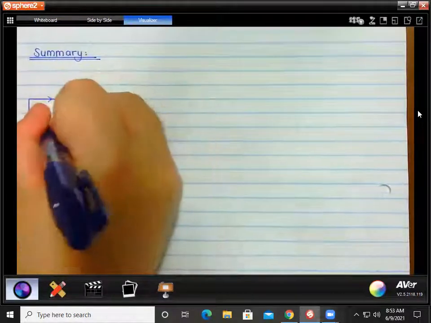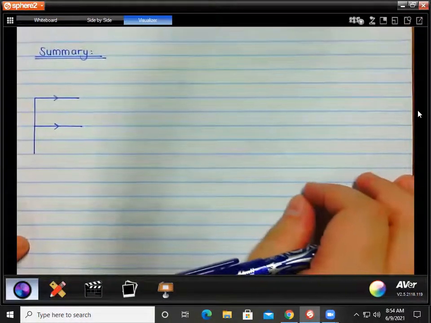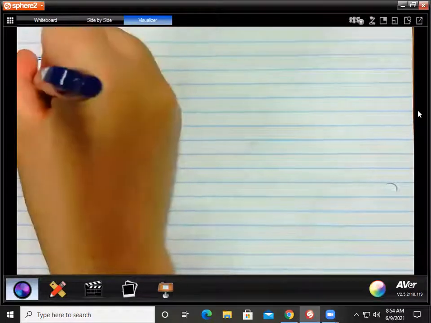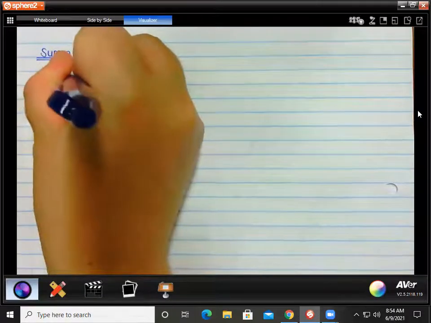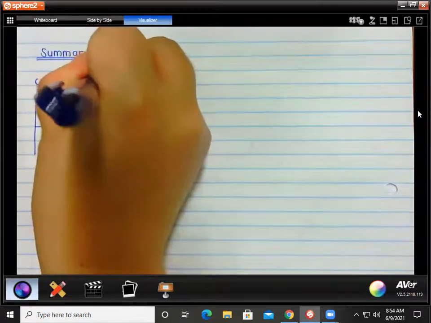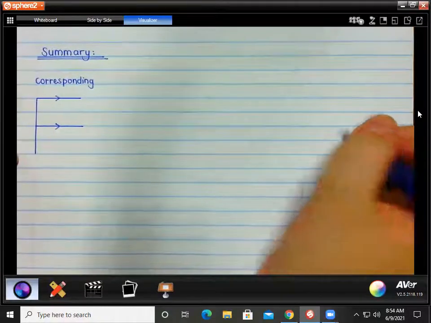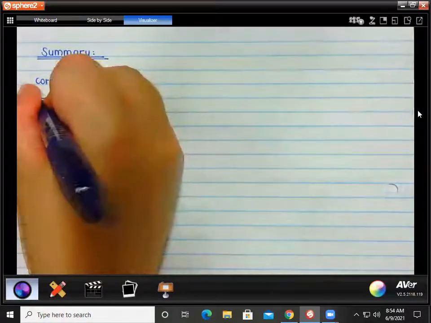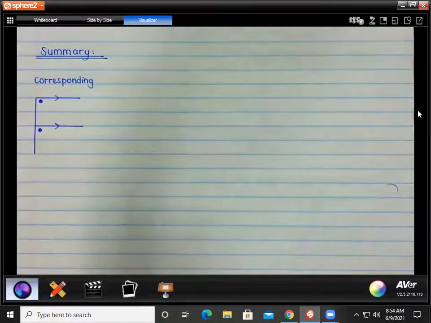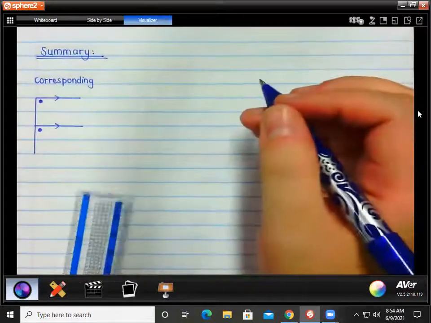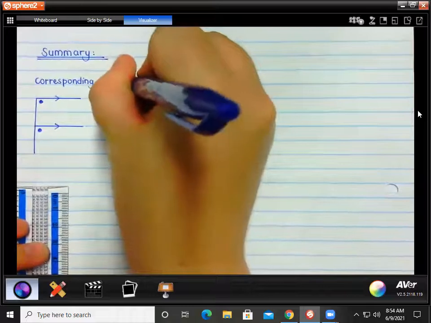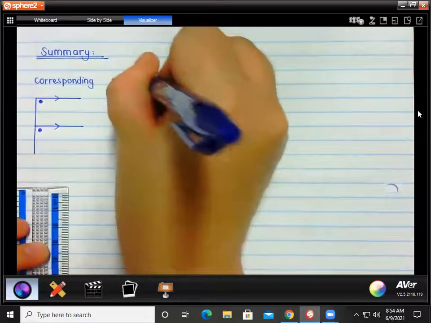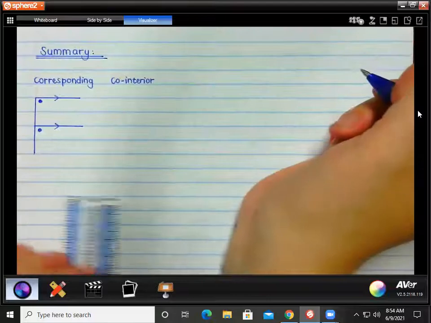So if we have that these 2 lines are parallel, just writing corresponding above, we would have that angle equal to that angle. Guys, it's okay if you don't fit them all into one line.